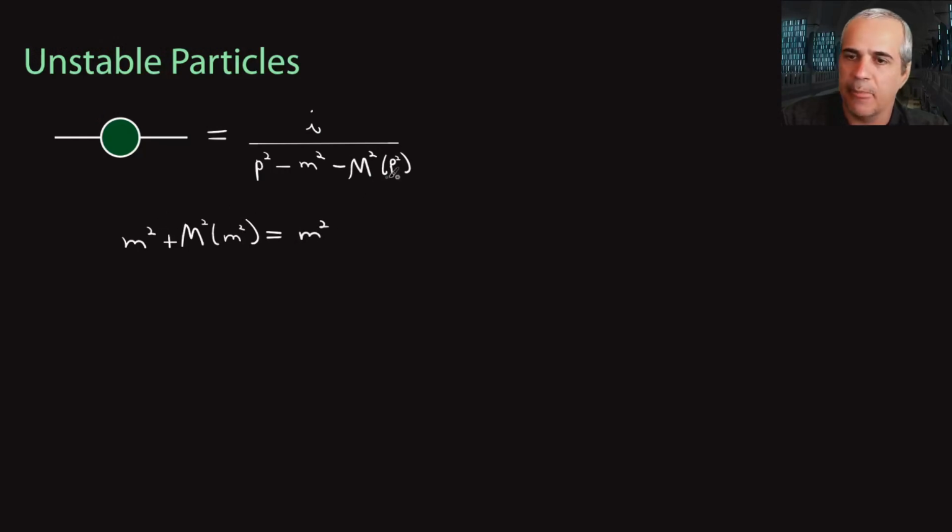That means this denominator has a pole where m is the physical mass. I'm defining the position at the pole at this number. And that means that this function calculated at that position should be 0. This is the on-shell renormalization scheme we used so far.